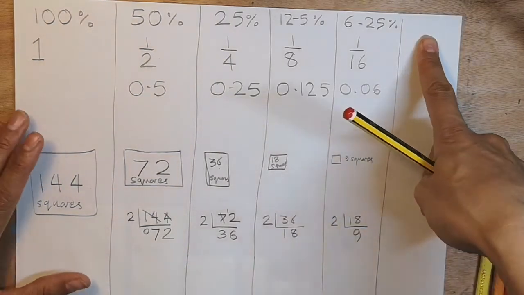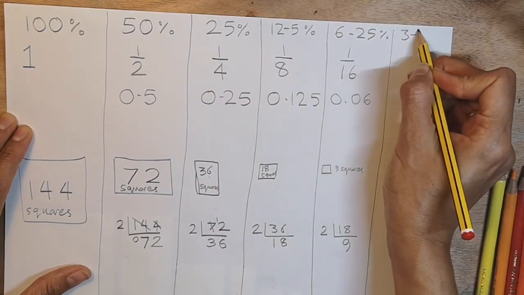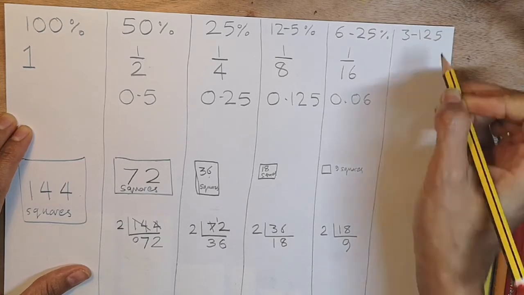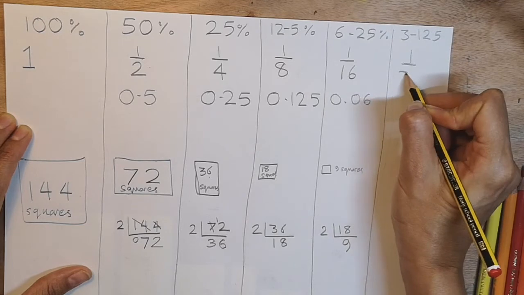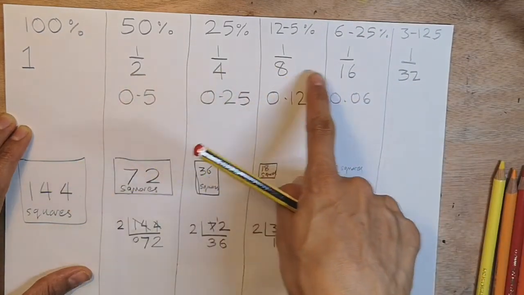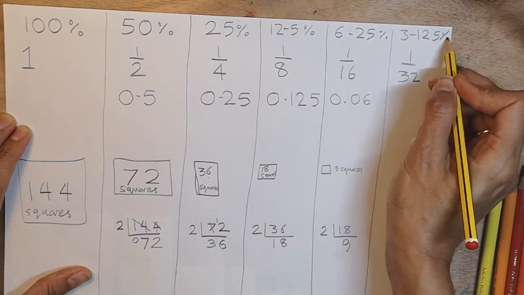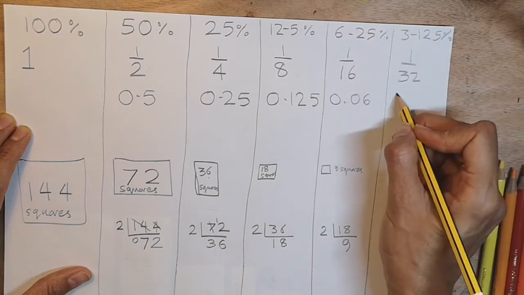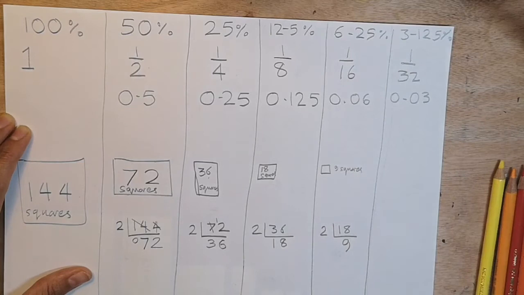We could do one more. This would be 3.125%. This is a 32nd. You can see each time it's doubling. And divide this percentage by 100. 0.03.